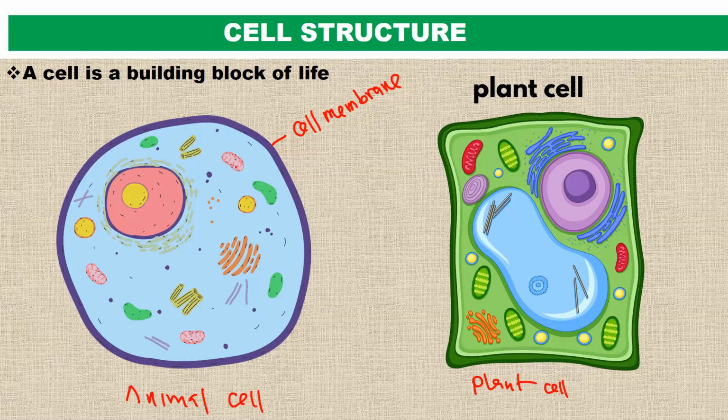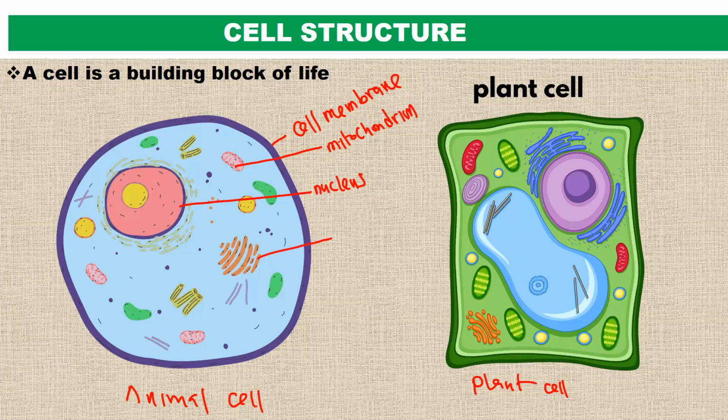Then you can point at this as the mitochondrion. Then of course this one is the nucleus. I'm putting them here because I also want to look at what they have in common with the plants.